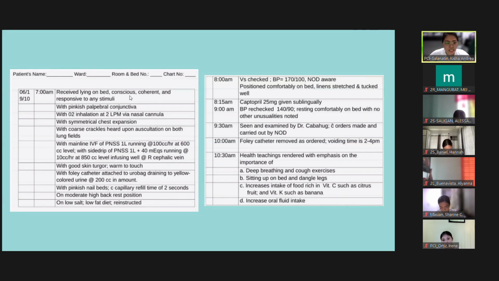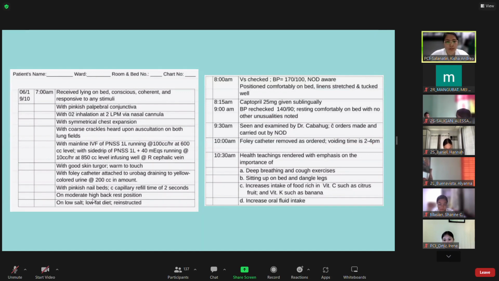Then for the physical assessment from head to toe, you have pinkish palpebral conjunctiva, and they have an attachment, the oxygen inhalation, the nasal cannula, then also symmetrical chest expansion for the physical assessment, and also the IVF here, the PNSS, and also the health teachings.